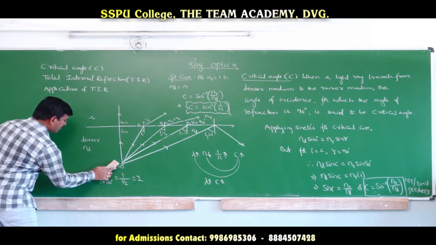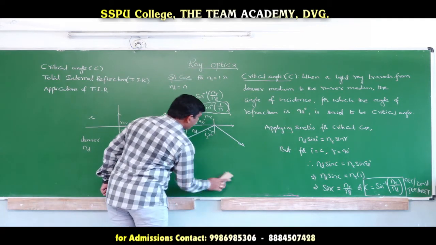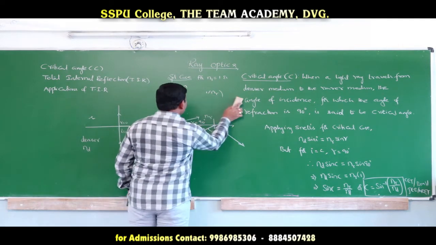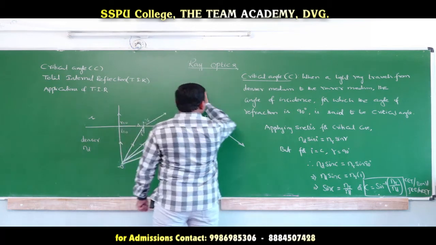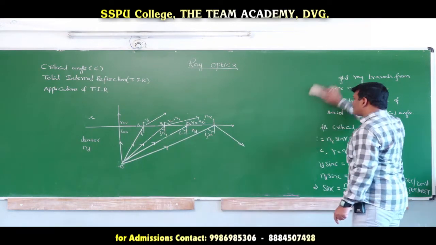In order to understand the total internal reflection phenomenon, I am going to take the same figure once again. In the previous figure, what we understood is: when the angle of incidence is more than the critical angle, what is going to happen?